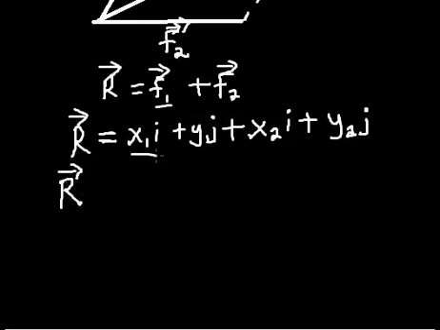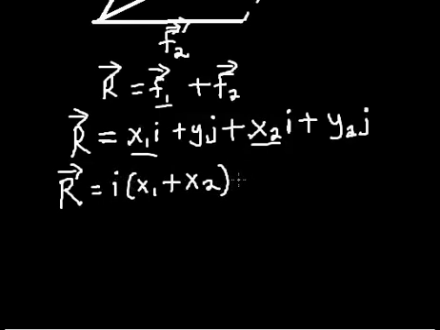Collecting like terms, x1 and x2 are like terms, because they have i as their unit vector. So I can bring them together, then factorize. That's going to be i into x1 plus x2.